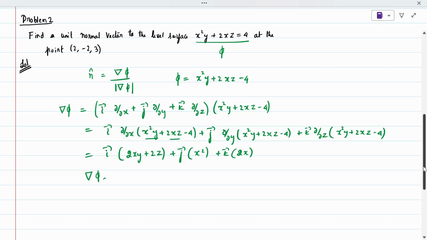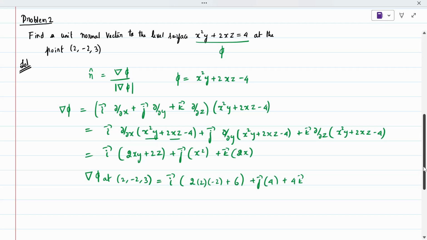So del phi at the given point 2 comma minus 2 comma 3, I will substitute. So i vector as it is: 2 x, I have to put 2, y is minus 2, plus z 3, so 6; plus j vector x squared, so 4; plus k vector 2x, so 4.